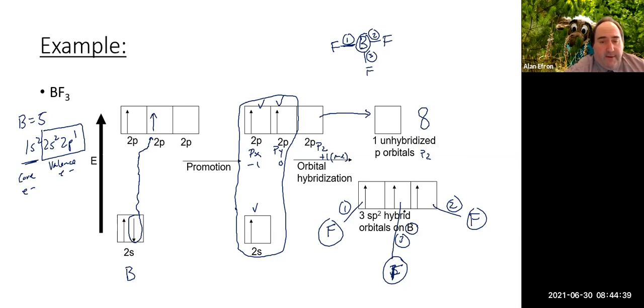And here, how would you determine the hybridization if you just started with the Lewis structure? The easiest way is to keep it very simple. Draw your little s, p, and d. Then go to your Lewis structure and count up the electron pairs like we did.